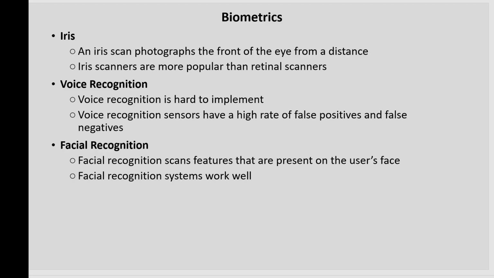Voice recognition is hard to implement. Voice recognition sensors have a high rate of false positives and false negatives. So in voice recognition, as you can see here, there are more cons than pros. And facial recognition scans features that are present on the user's face, and facial recognition systems work really well.